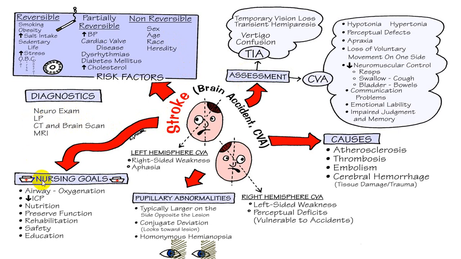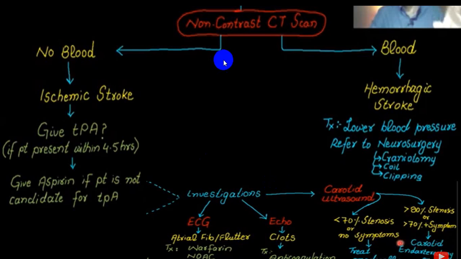And in that, first you will require to stabilize the person, reduce intracranial pressure, proper nutrition, rehabilitation, preservation of functions, and then physiotherapy, occupational therapy, and speech therapy will be required. You will have to simultaneously look for atherosclerosis, thrombosis, embolism, or intracranial hemorrhage, and depending upon that your treatment will be specified.